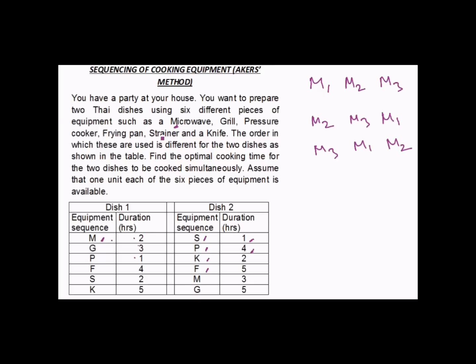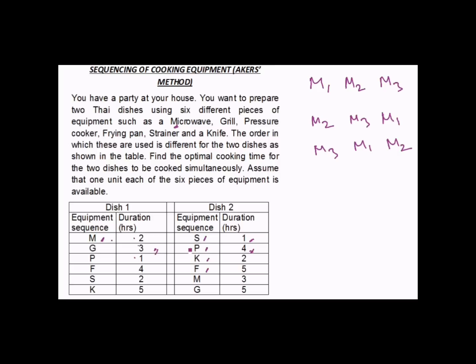So first, dish 1 needs 2 hours to process on the microwave. At that time, dish 2 needs a strainer, so definitely there is no clash. After the second hour, dish 1 needs to be processed on the grill, and after the first hour, dish 2 needs to be processed on the pressure cooker. So again there is no clash, till the 5th hour.